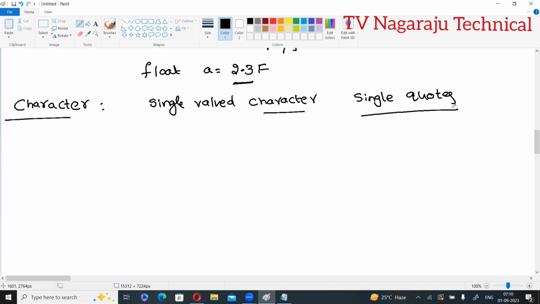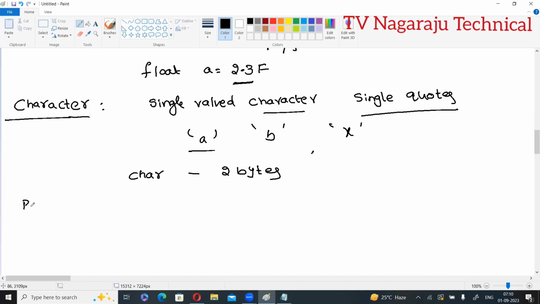In single quotation, suppose A, this is a character. B, this is a character. X, this is a character. What is the data type? The data type name is char. What is the size? The size is 2 bytes. So, character data type is used to store a character.